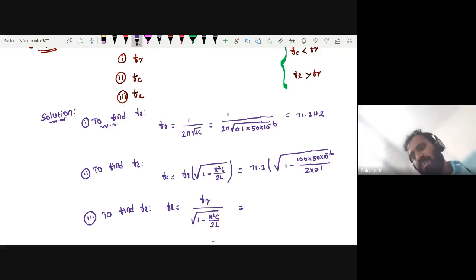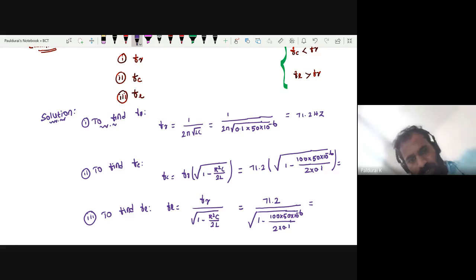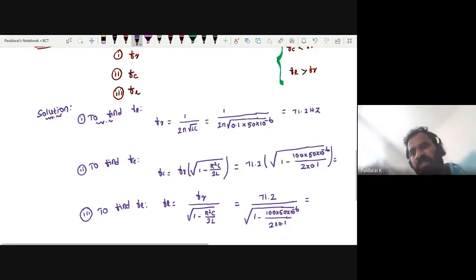What is this value? And here this is 71.2 divided by square root of 1 minus 100 times 50 micro into 2 times 0.1. What about this value? Please let me know.